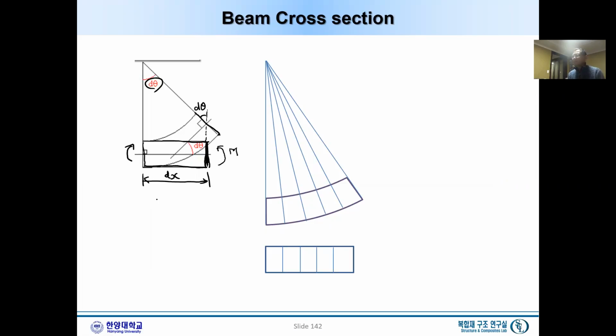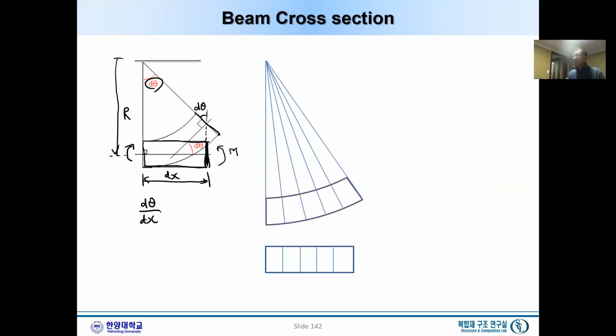And what we observed is that dx, d theta, actually this was the R, radius of curvature.